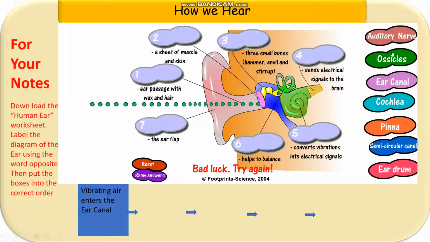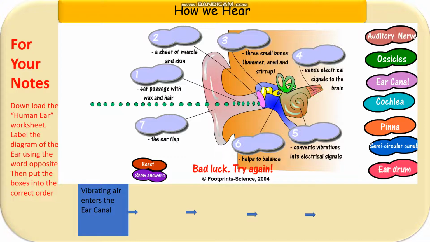Okay, I'd like you to have a go at that on your own, and then underneath the worksheet there are boxes which describe the passage of the air and the processes that go on that enable us to hear. So have a go at that first and then come back and we'll go through the answers together. Okay, so pause the video, print off your worksheet, or if you can't print, I'm afraid you're going to have to do your best to draw what's on there and then come back.